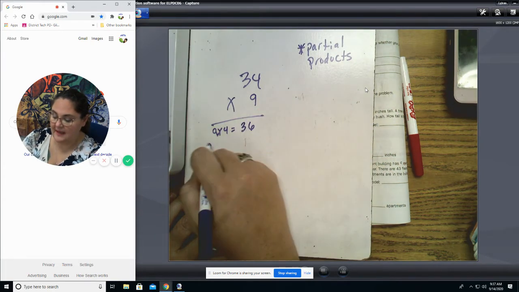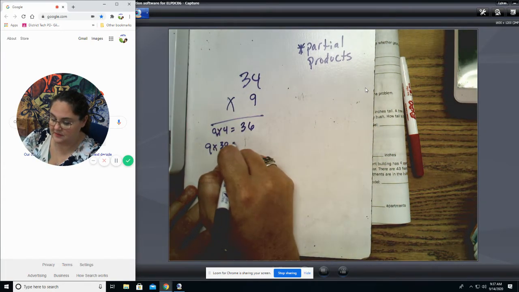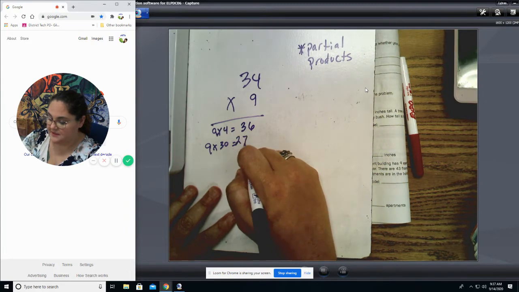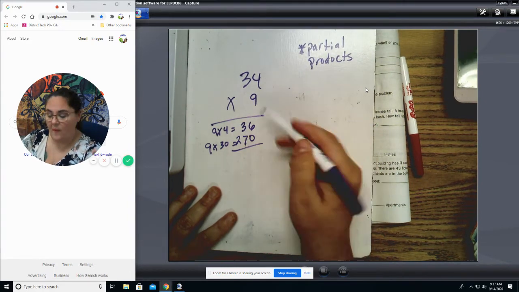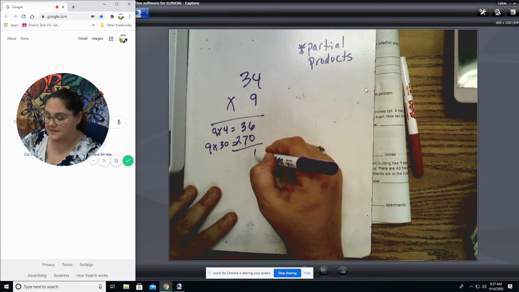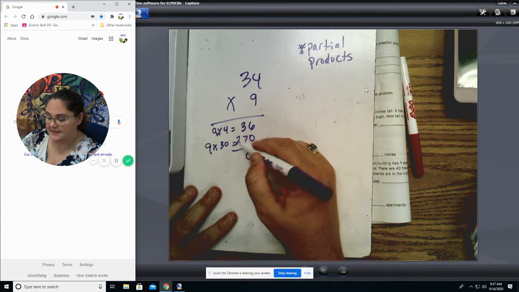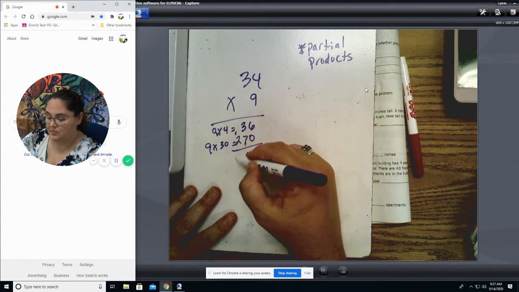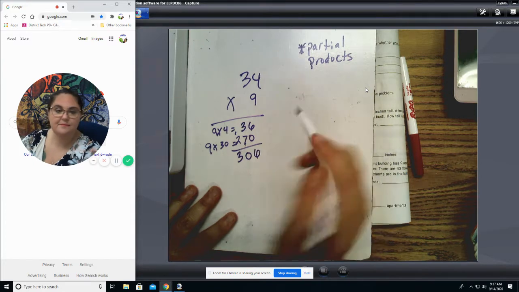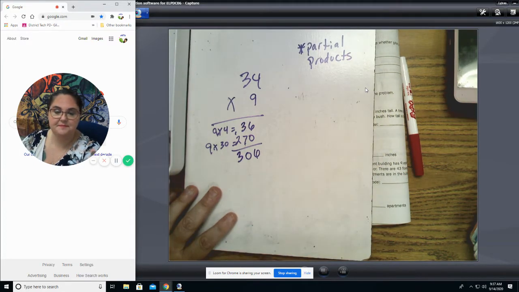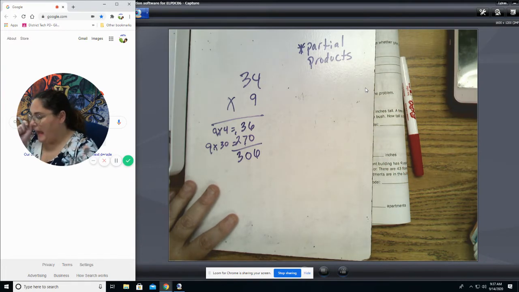And then I would do 9 times 30 is 270. And then I would add. 6 plus 0 is 6. 7 plus 3 is 10. Carry my 1. 2 plus 1 is 3. 306. That is how you do partial products.